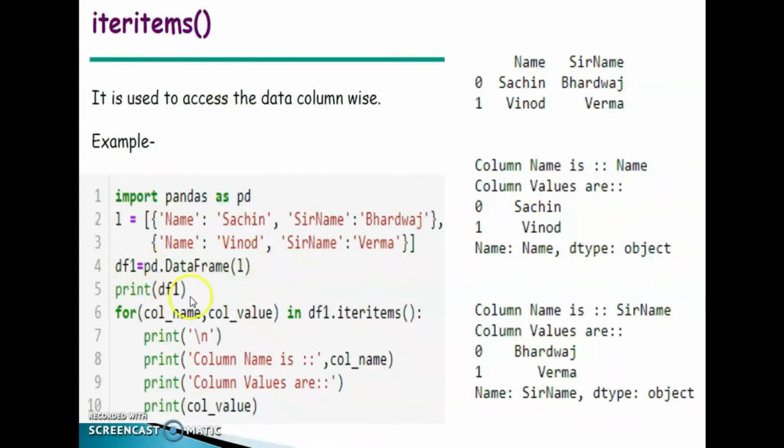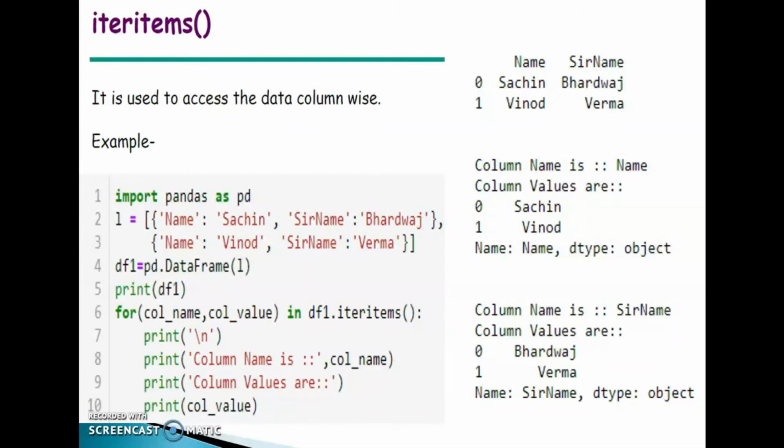Print df1, we use all these statements from the last program. For column name, comma, column value, in df1 dot iter items function. The iter items function is used to access the data column wise.